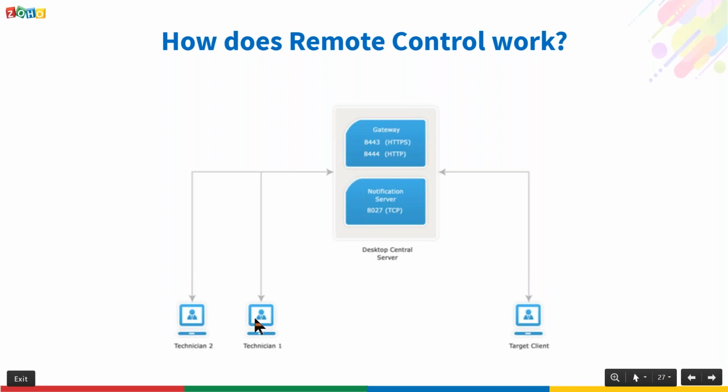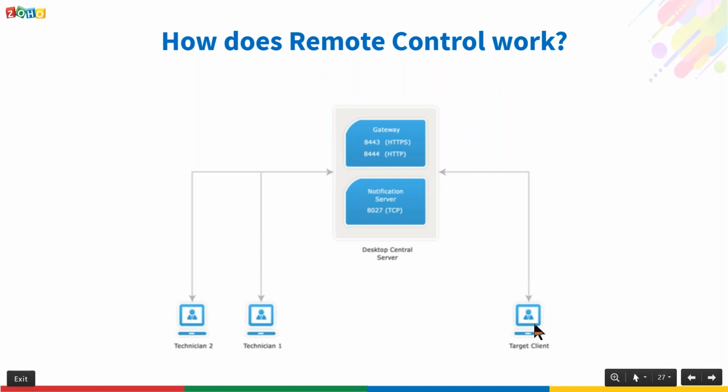The technician logs into his Desktop Central server console, searches for Bob's computer, and clicks on connect. The request will be sent to the Desktop Central server. The Desktop Central server has two components, the gateway component and the notification server component. The notification server component receives the request, and this request will be forwarded to the client machine.